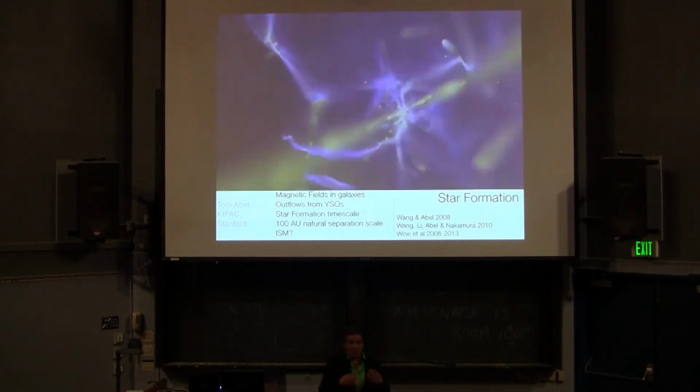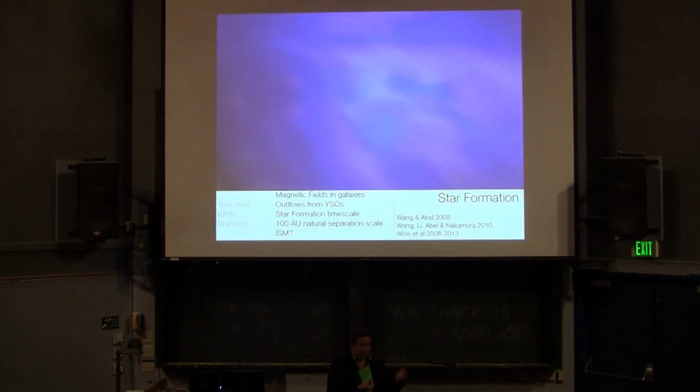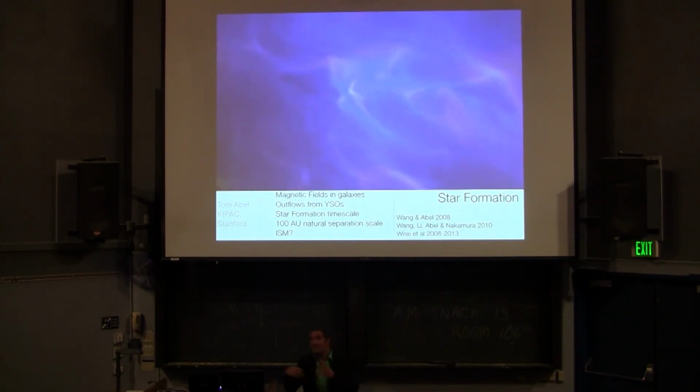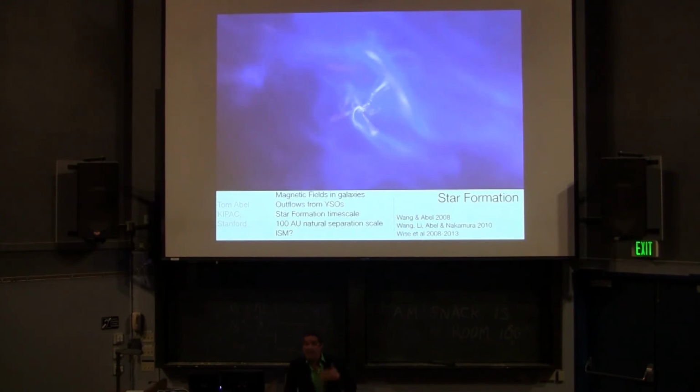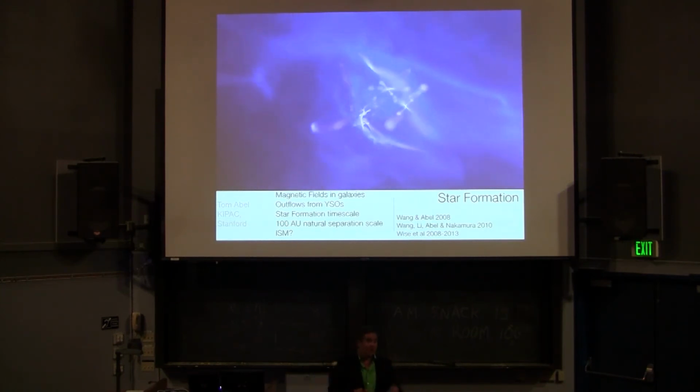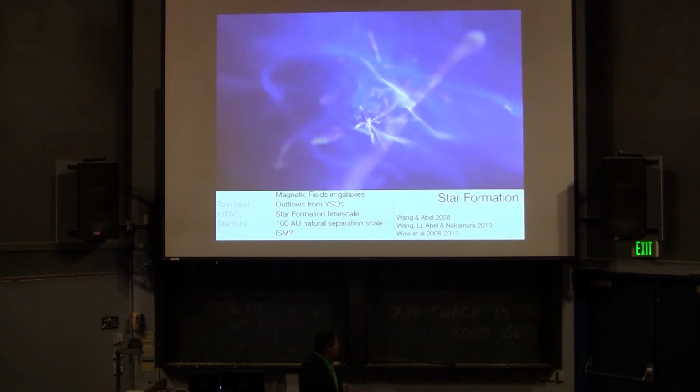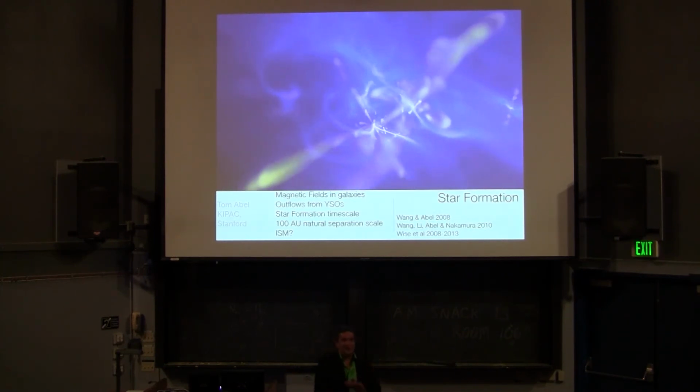If I have boxes of ISM at this 100 AU scale that follow the formation of stars and the destruction of the molecular clouds, I think those calculations will allow us to get a lot of intuition about how star formation works over cosmic time. Okay, so that's all I had on this.